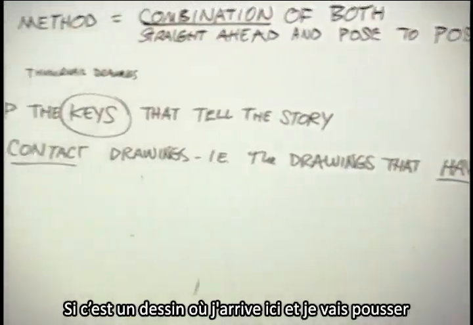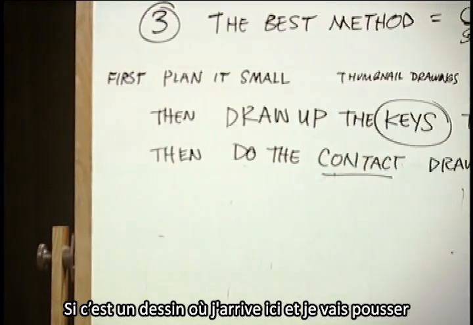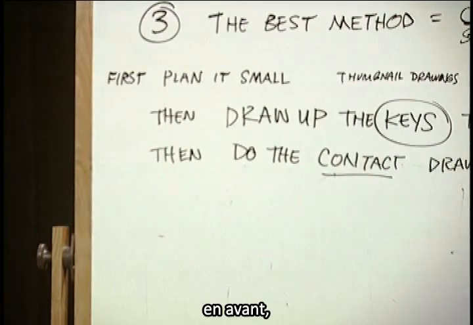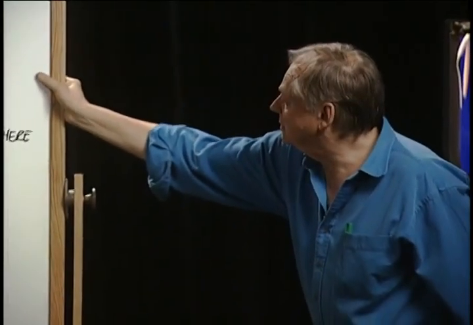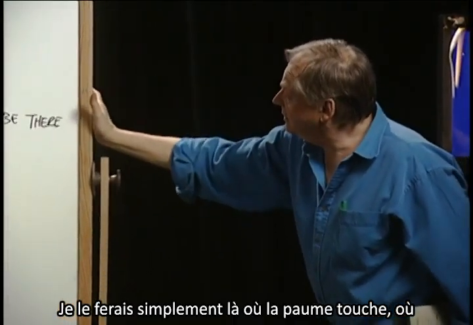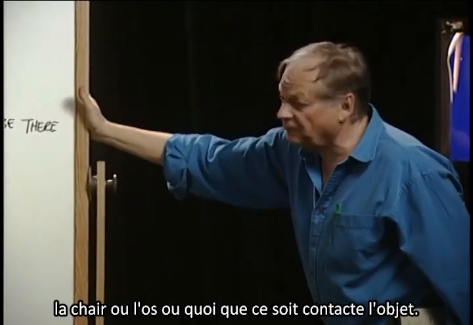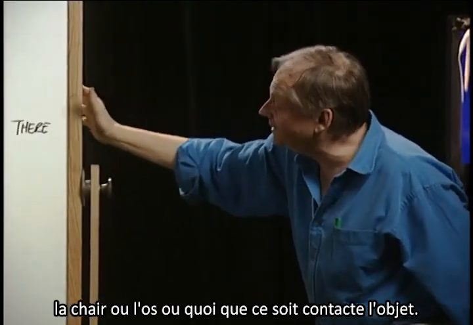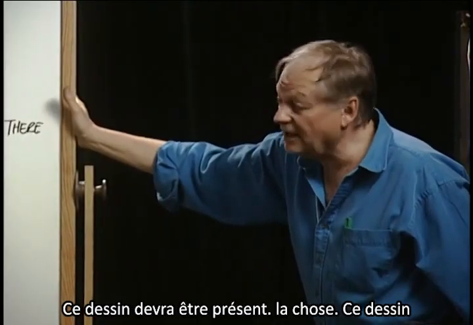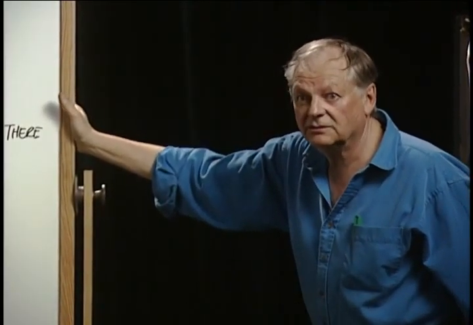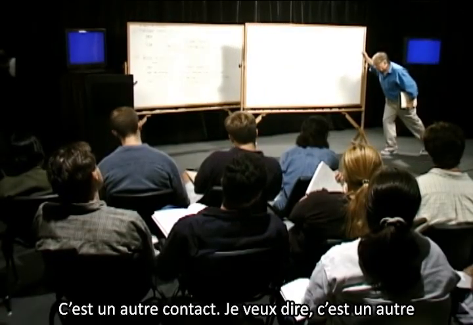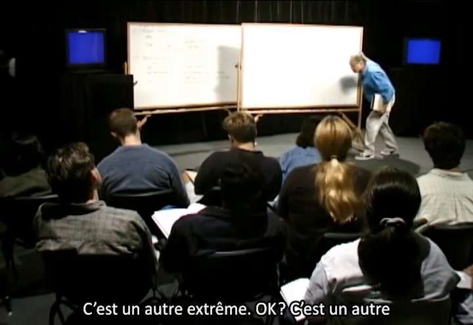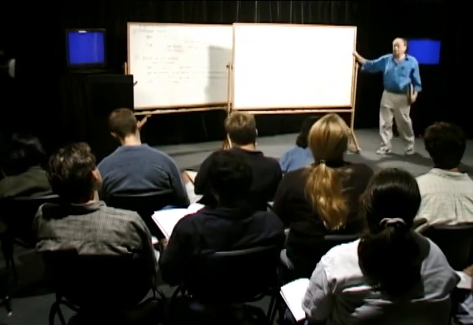If it's a drawing where I'm coming in here and I'm going to push this forward, now I wouldn't do it where it's gripped. I would do it just where the palm is hitting, where the flesh or bone or whatever it is contacting the thing. That drawing is going to have to be there, right? And then it's going to push. That's another contact. I mean, that's another extreme. That's another extreme. Okay?